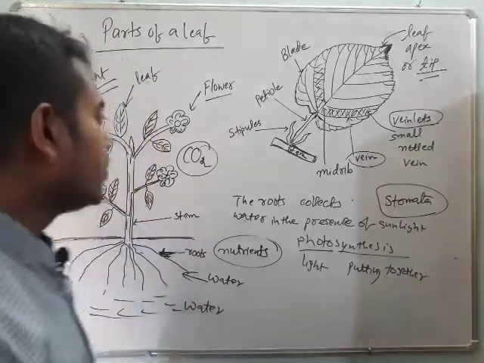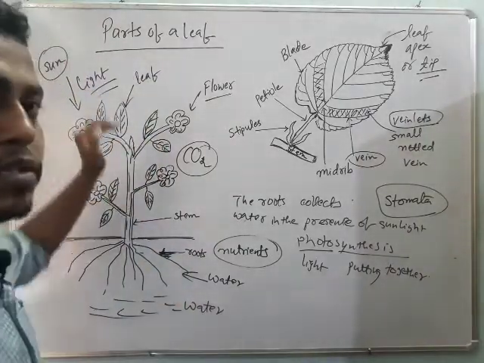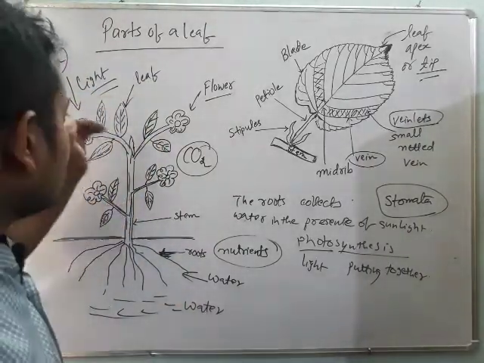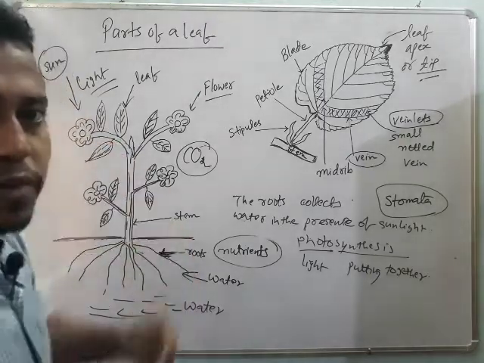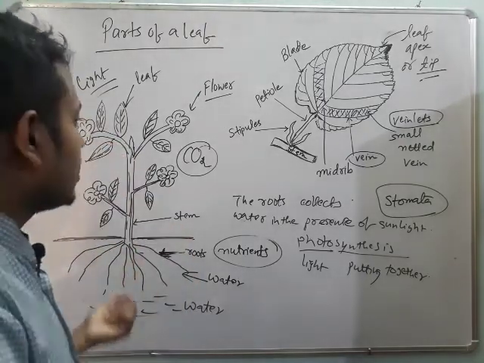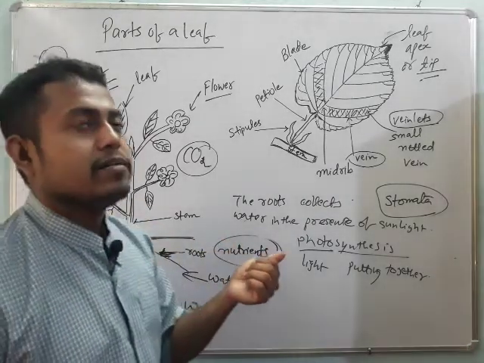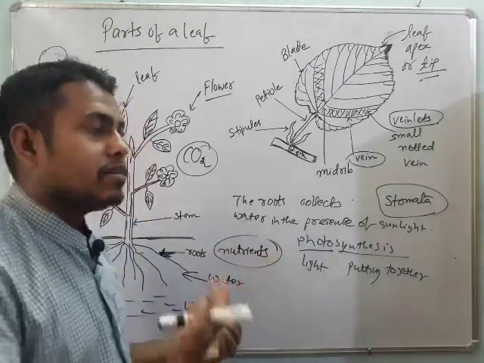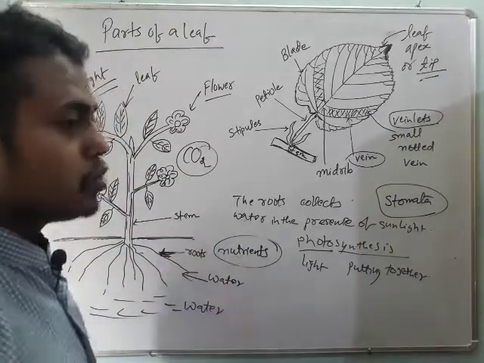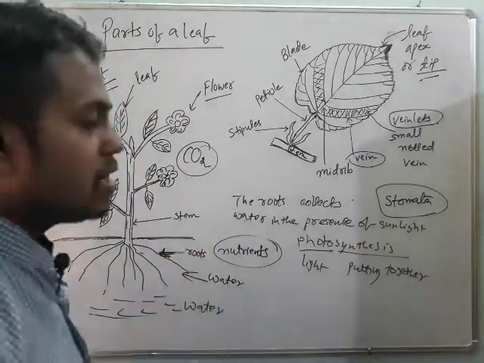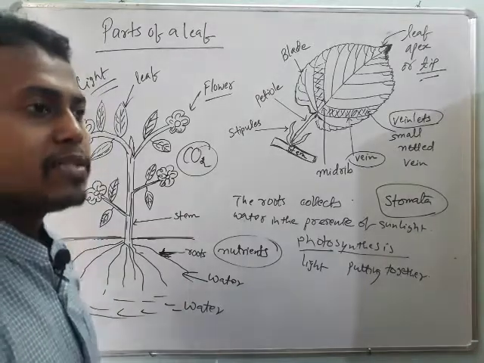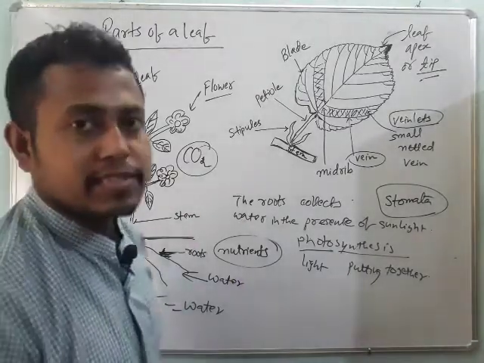How? Because when sunlight falls on the plant, the energy formed is called carbon dioxide, and carbon dioxide gives this in the form of glucose. Glucose means food to the plants. After that they release oxygen.